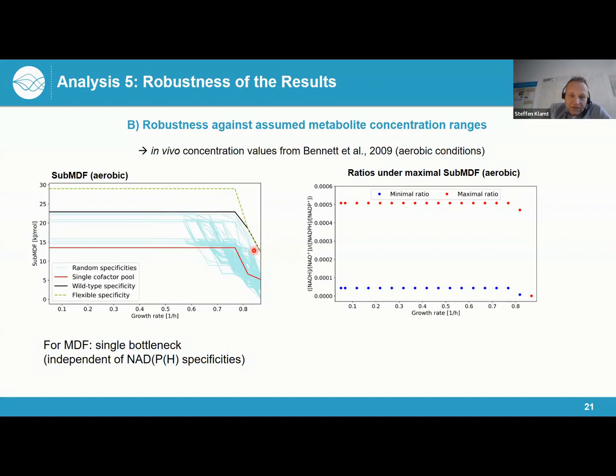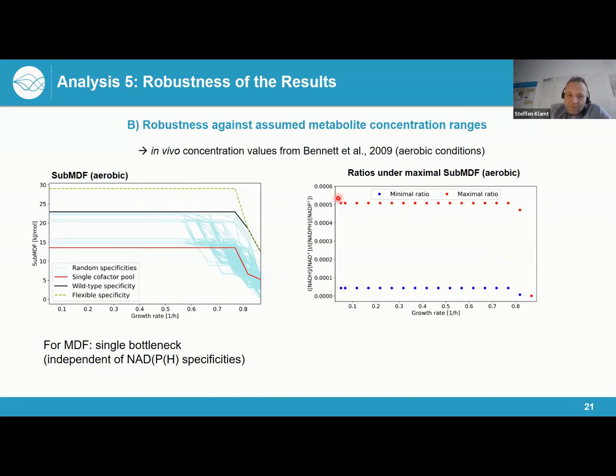It is even identical to the theoretical maximum at maximum growth rate, but it is a bit lower for lower growth rates. But in this experiment, what really matters is the growth rate, because the cells were grown with high growth rate.